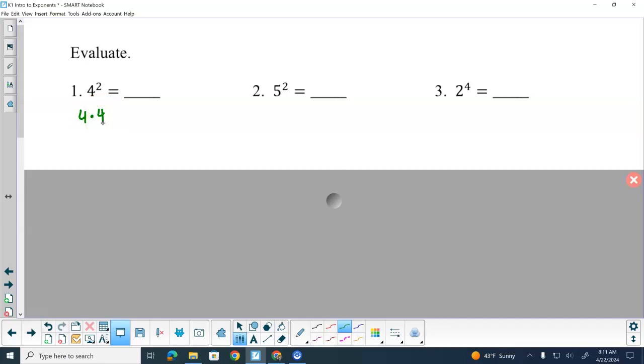What is 4 times 4? 16. Yeah, 16. Okay. Michelle, 5 squared. What does 5 squared mean? 5 times 5. Hey, Zeus. What is 5 times 5? 25. Even with your AirPod in, you still were able to answer that.